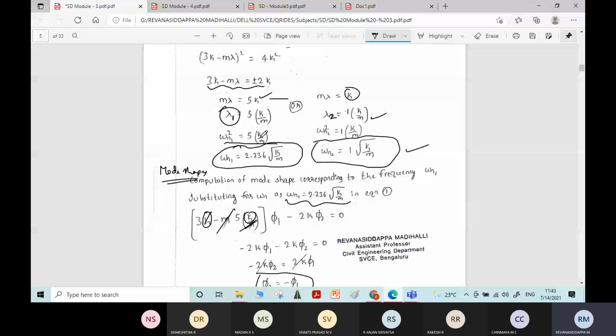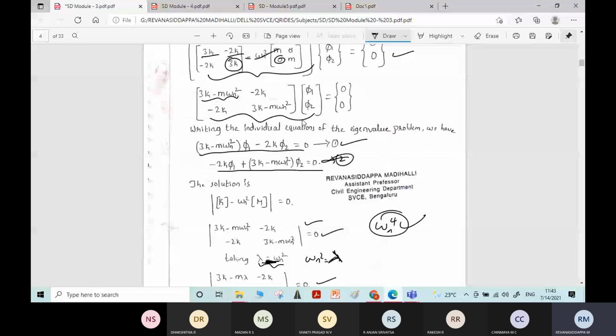As I said, k terms and m terms get cancelled after substitution of this value. So whatever the coefficient of k is, the coefficient of k is 3 here, minus the coefficient of m, which is 1, into omega n square.